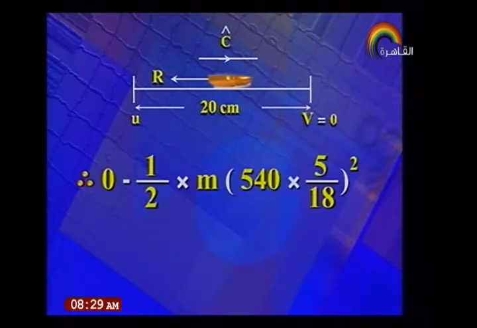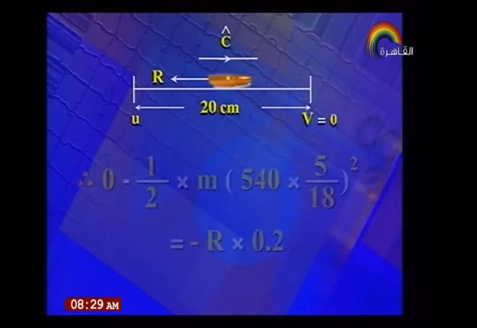Then by using substitution, 0 minus ½ times m times (540 times 5/18)² equals, left hand side equal right hand side, negative R times 0.2. R is the resistance force, but m is the mass.